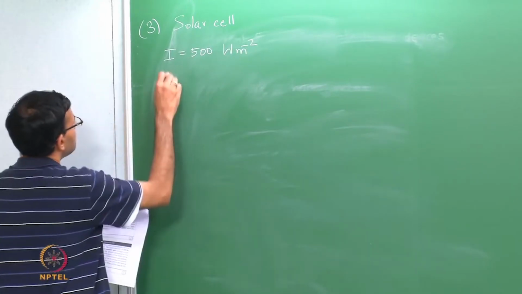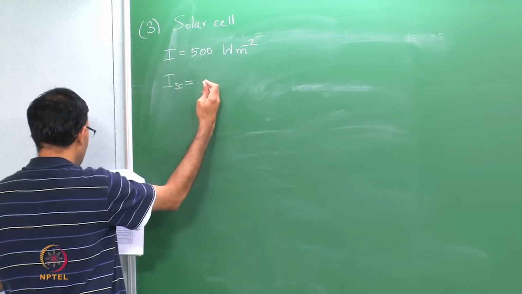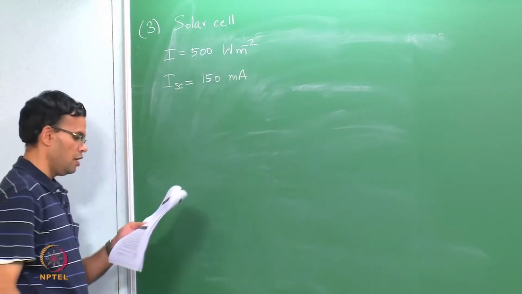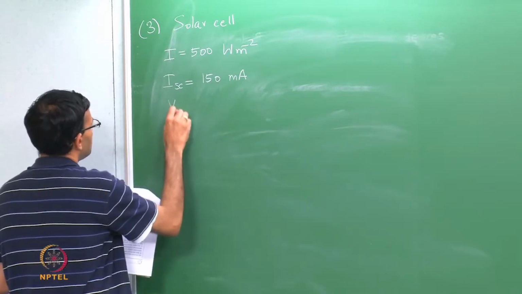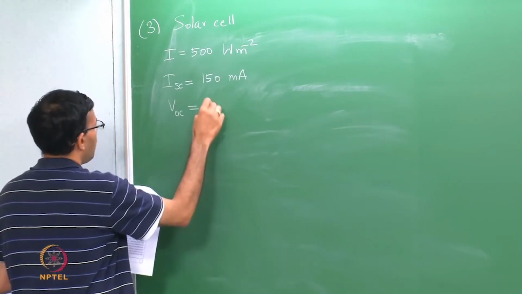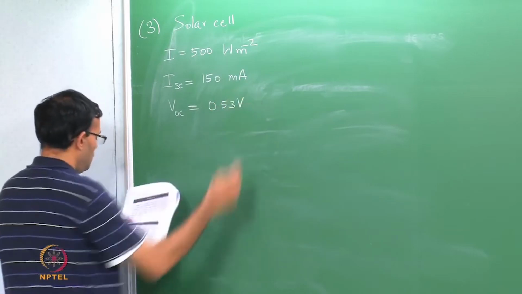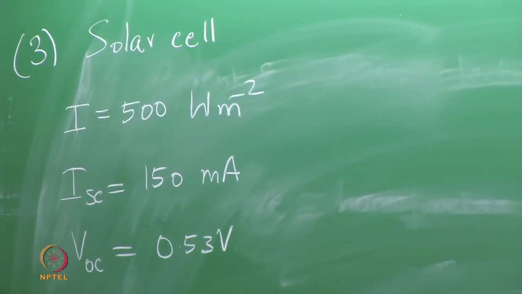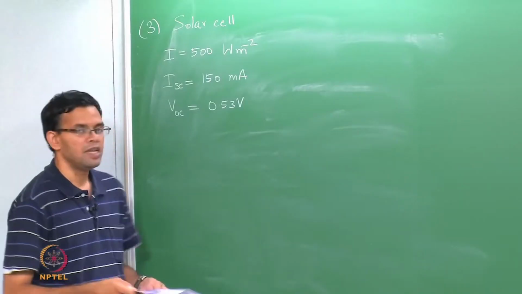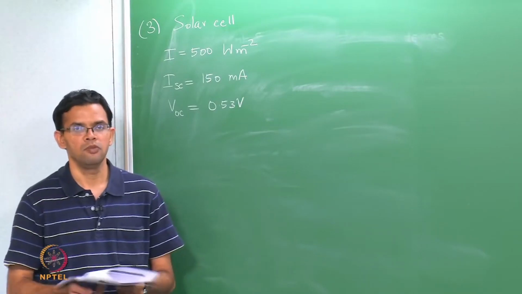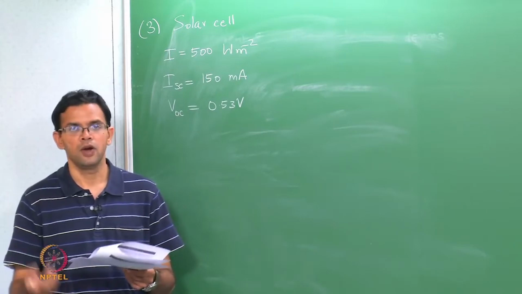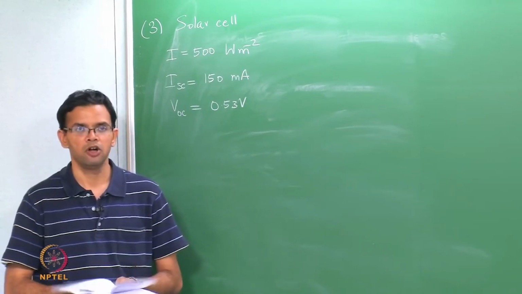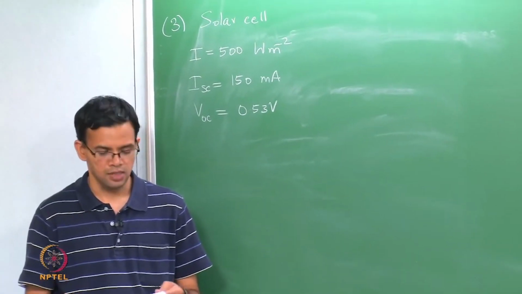So, ISC is 150 milliamps and also the open circuit voltage VOC is 0.53 volts. The question asks what is the short circuit current and also the open circuit voltage when we double the value of the illumination. So, illumination goes from 500 to 1000 watt or 1 kilowatt per meter square. Similarly, what are the values when the illumination is essentially halved?